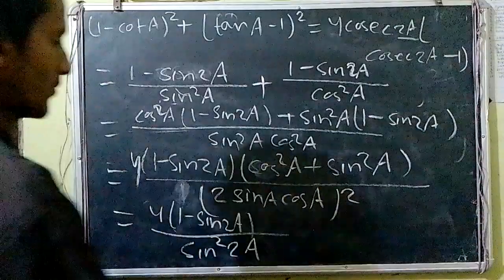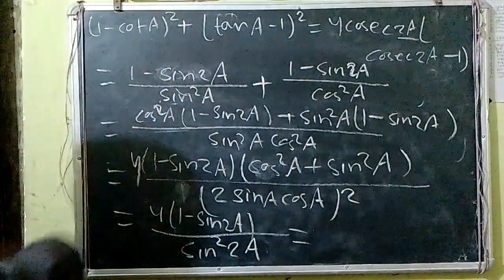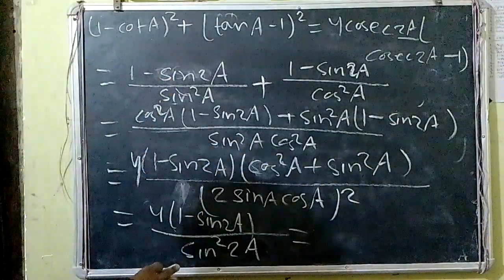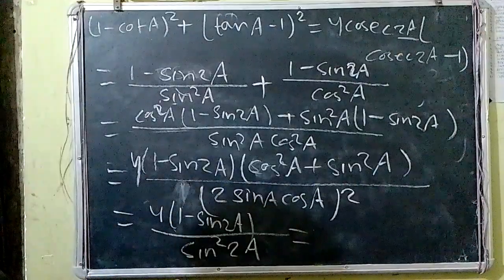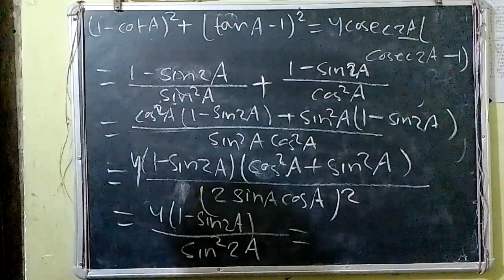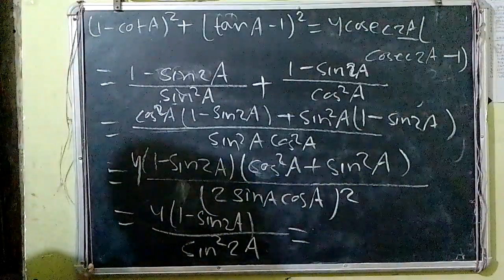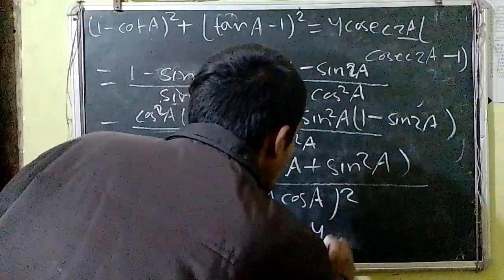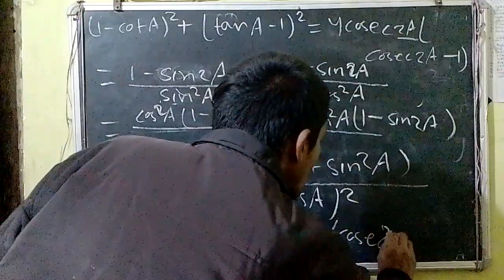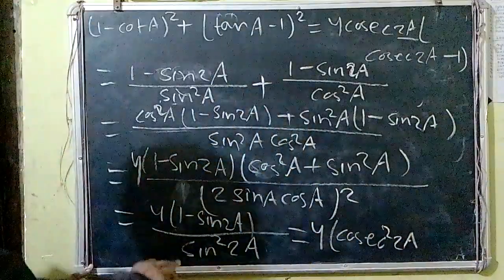Did it make sense till here? Now this becomes easy afterwards. Let's divide both of them by sine squared 2a. So 1 over sine squared 2a will be cosecant squared 2a. So 4 times cosecant squared 2a. Alright?